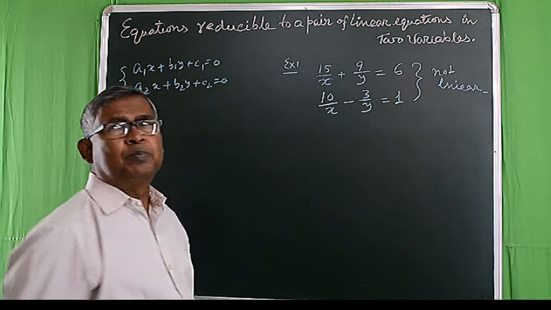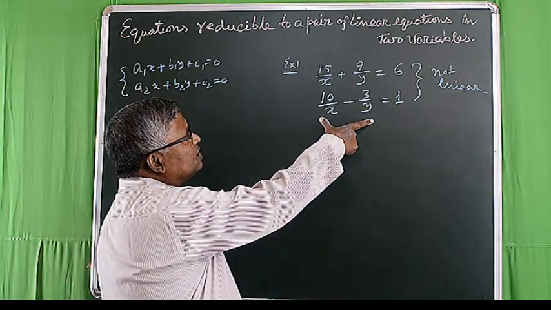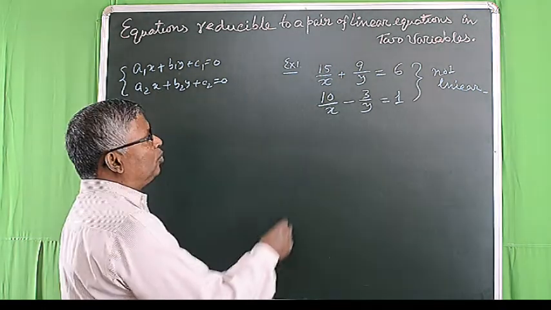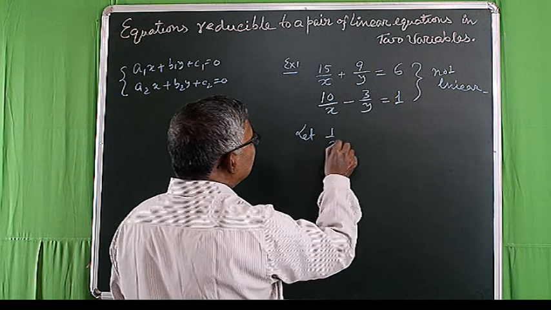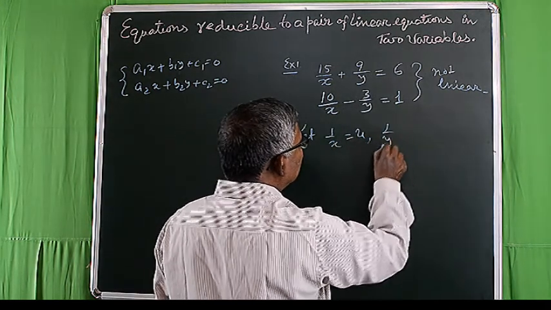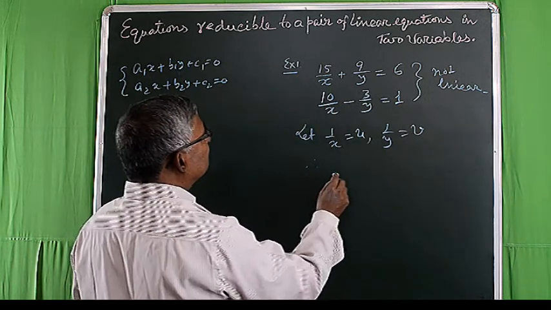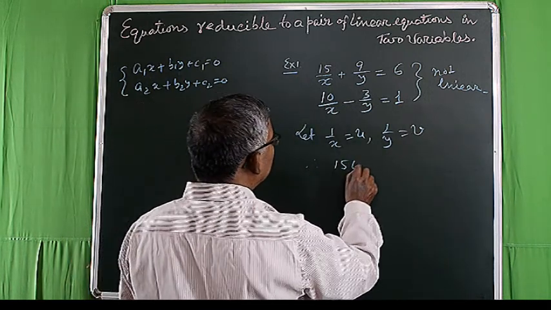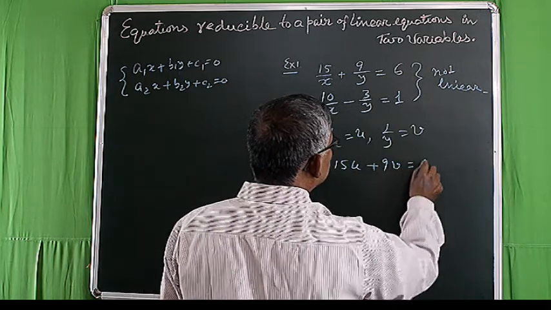Now let us solve these equations, transforming these equations into linear forms. For this, let us substitute 1 by x equal to u and 1 by y equal to v. Therefore, we get 15u plus 9v equal to 6.